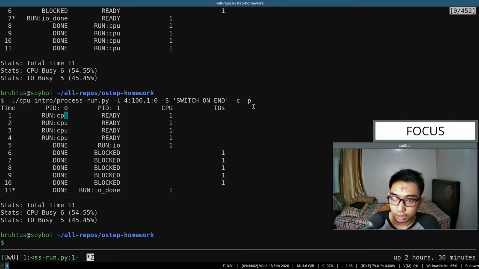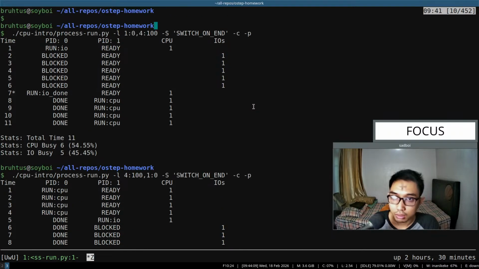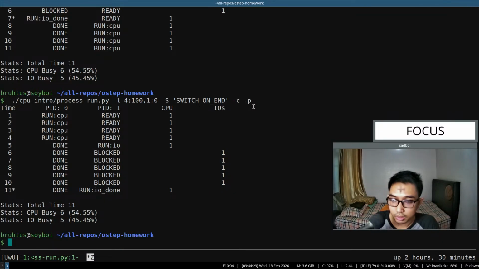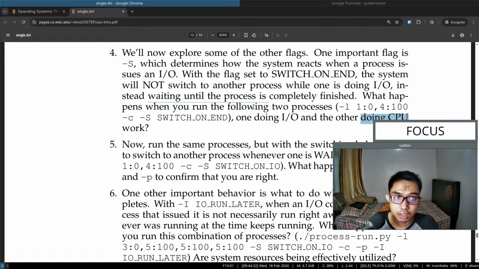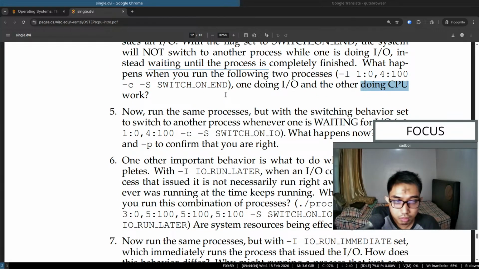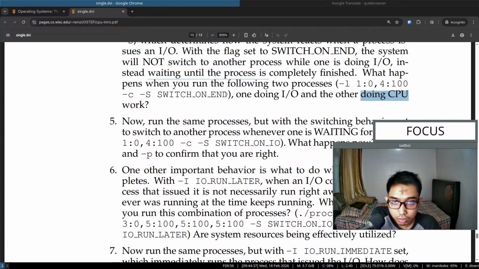If we run the CPU process first and then the input-output process, on this one, the other process is not done yet. It's in the ready state. So there is some slight difference, which means it depends on our intention, I guess, which one we want to do.